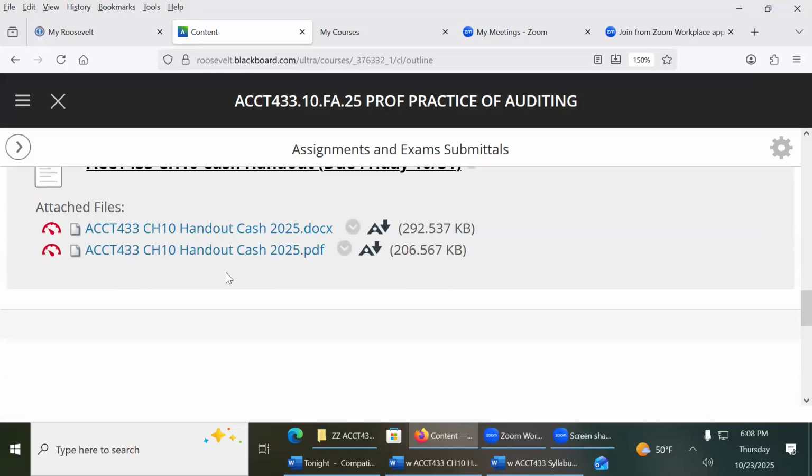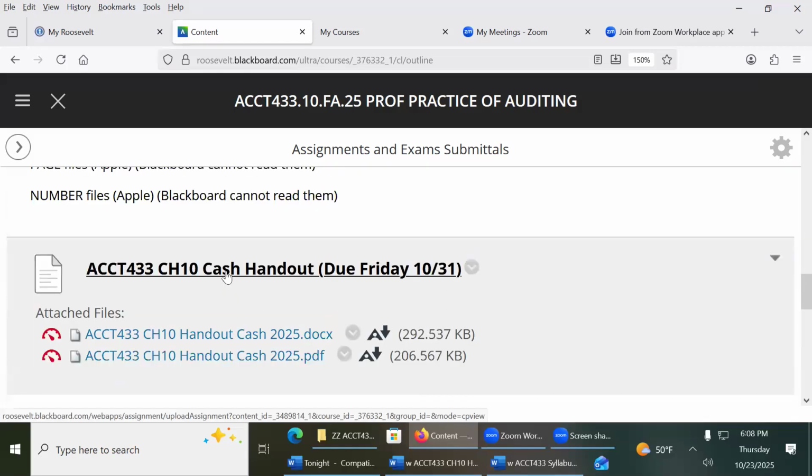Okay, I want to show you how I actually put these in. So here's the cash handout. This is the first one, and you can always go there if for some reason the email doesn't have the documents that I send out. You can go into Blackboard and under the assignment, it will have those for everything except for exams.